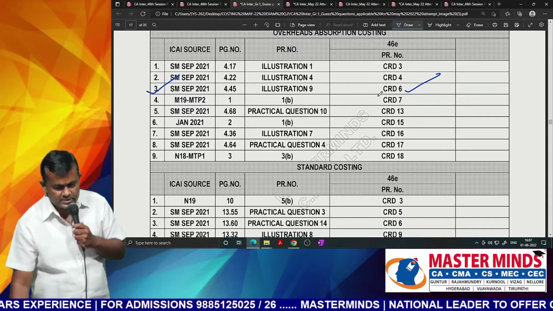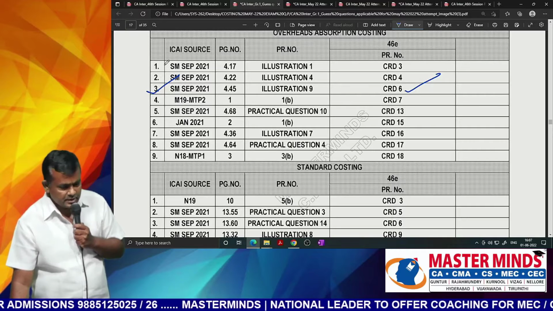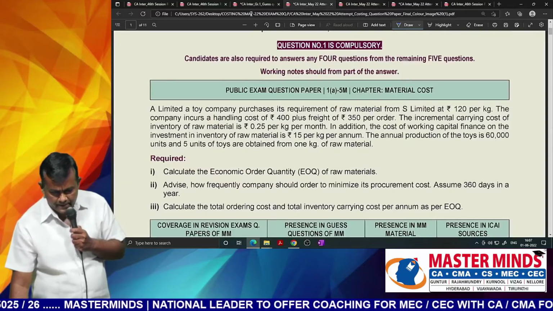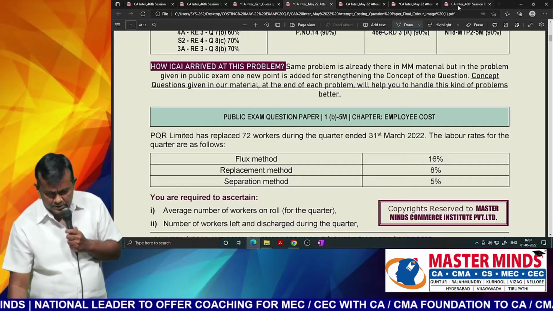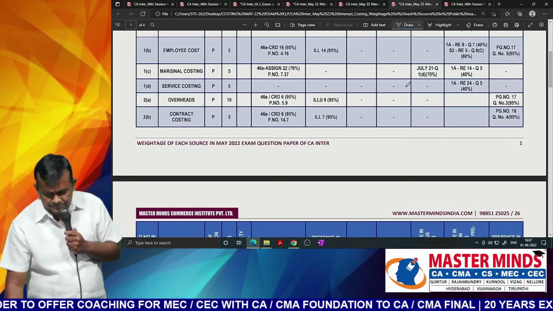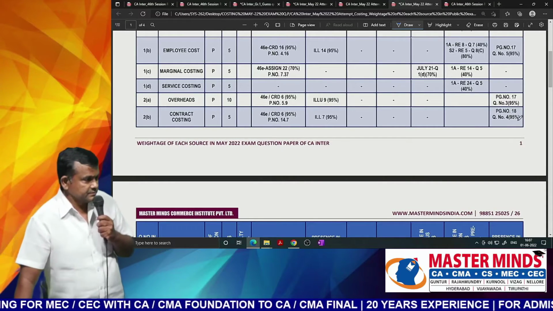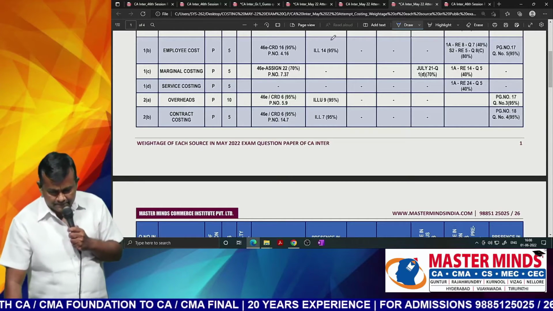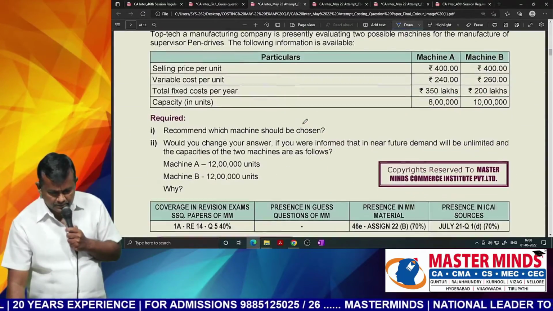Third guess question, CRD 6. So this is the 2A. Next one, sir, contract costing. So guess question number 4, 95%. Just numbers change. Okay, right. So completed.